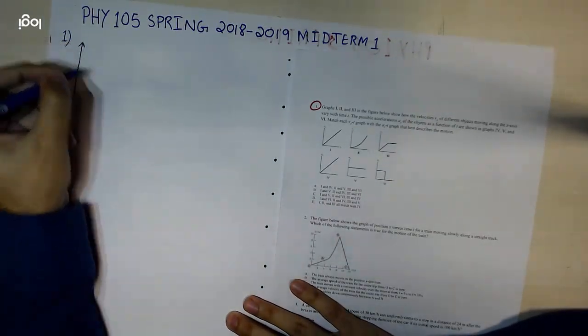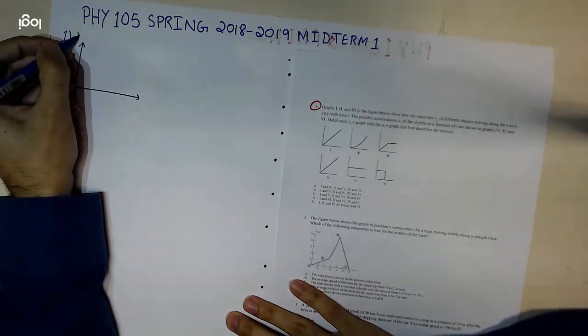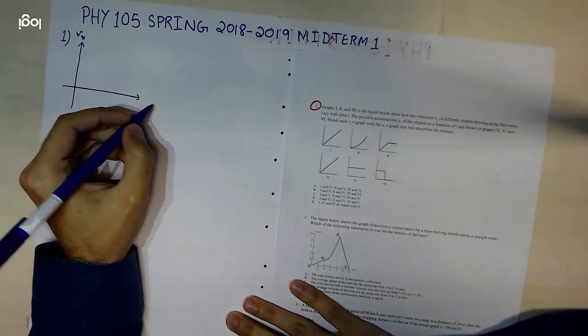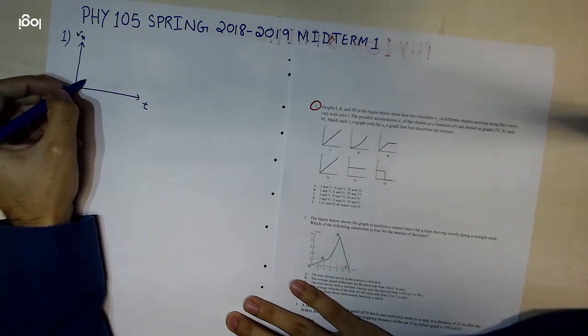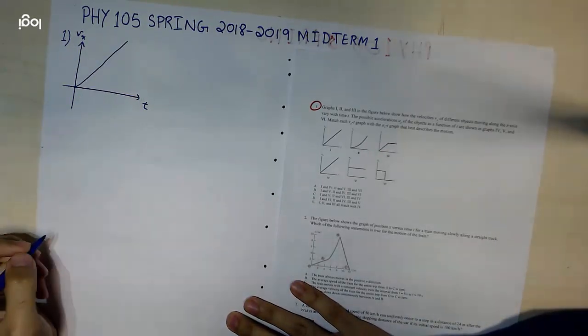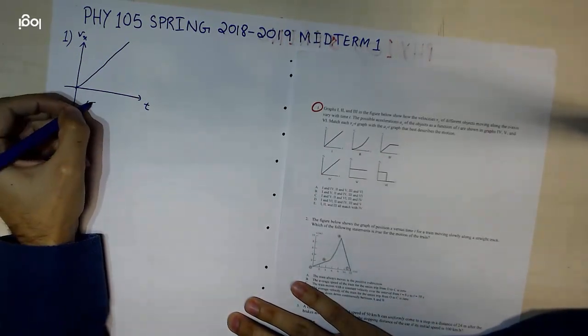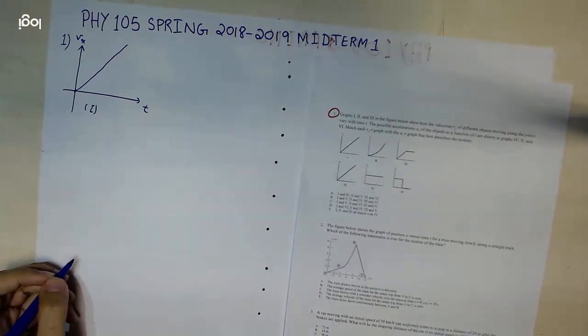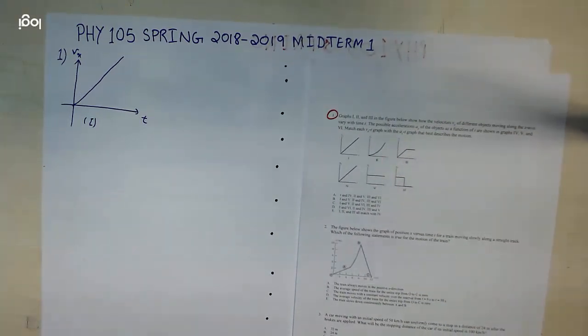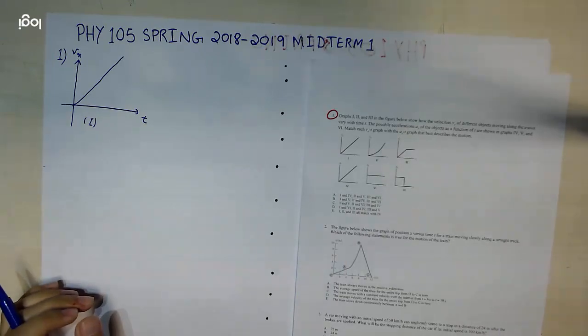Let's start with the first graph that describes the motion of our object. What is the relation of the velocity with the time in this graph?